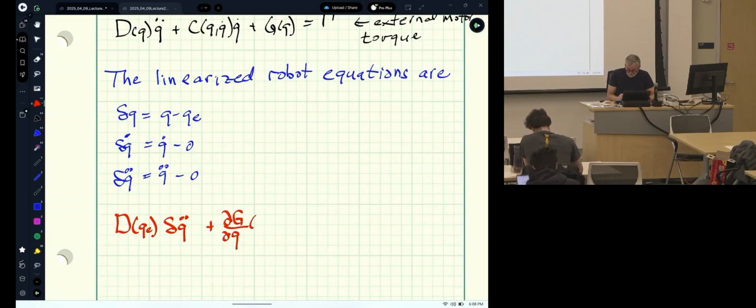You have the gradient of the gravity term.